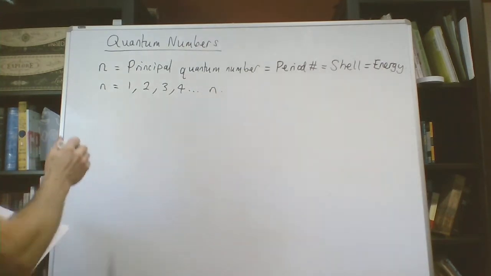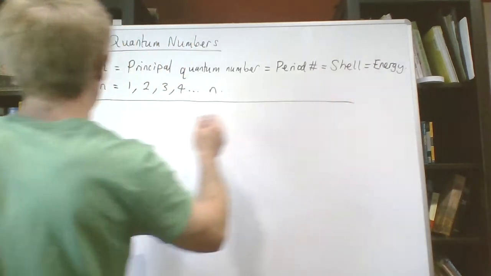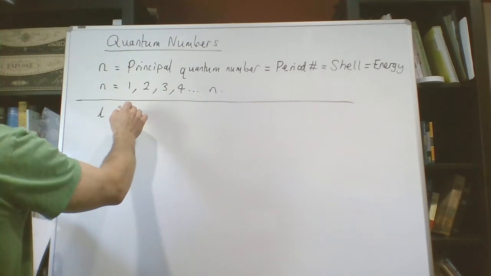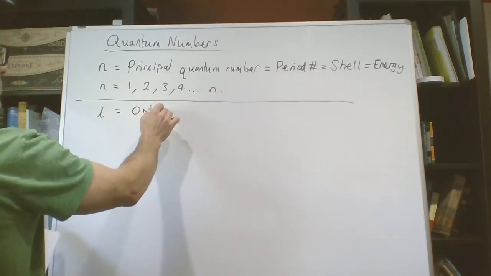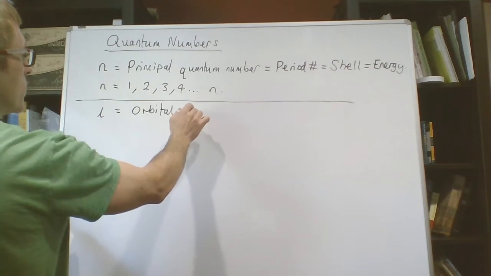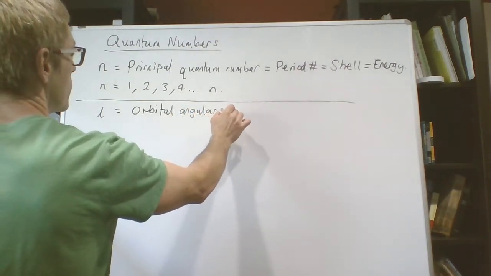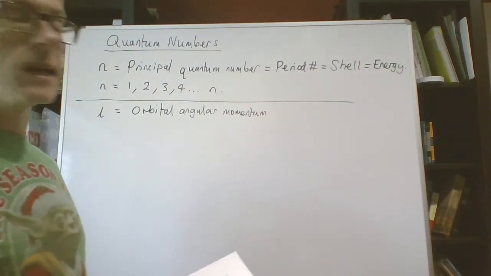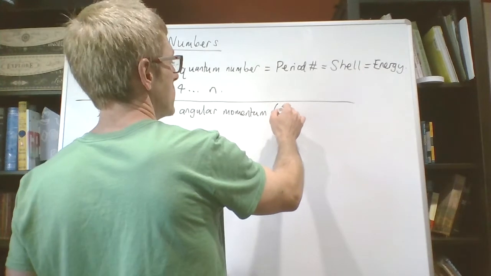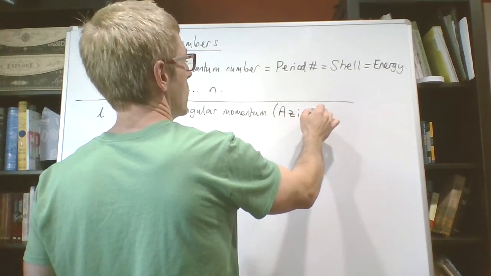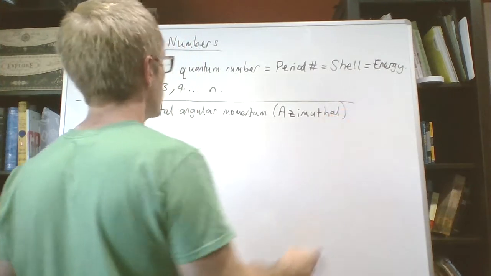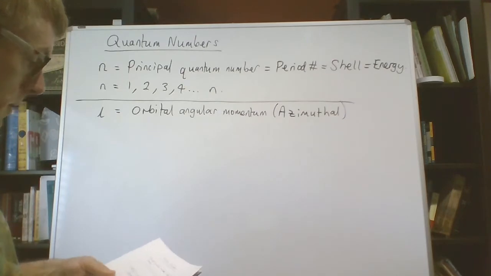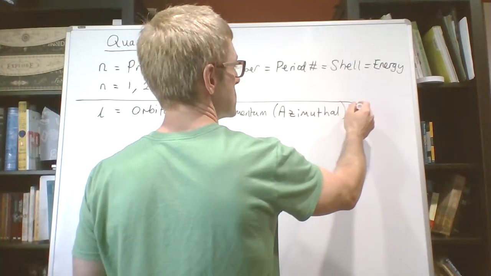The second quantum number we'll look at is L. L is called the orbital angular momentum quantum number. It's also known in Europe typically as the azimuthal quantum number, but in the US more frequently it's called the orbital angular momentum quantum number, and it's also referred to as the subshell.